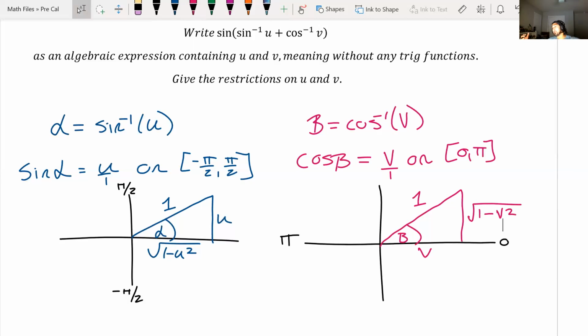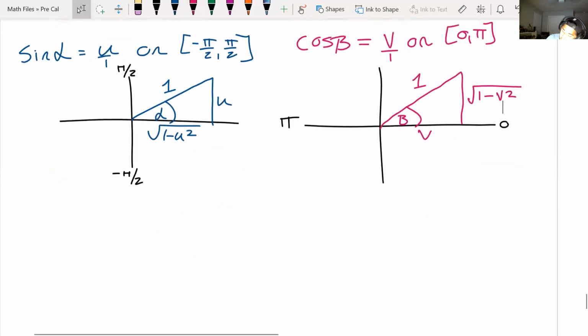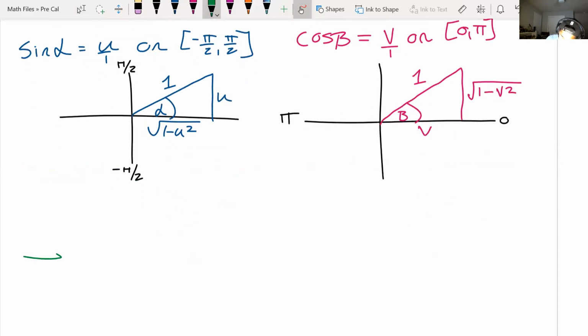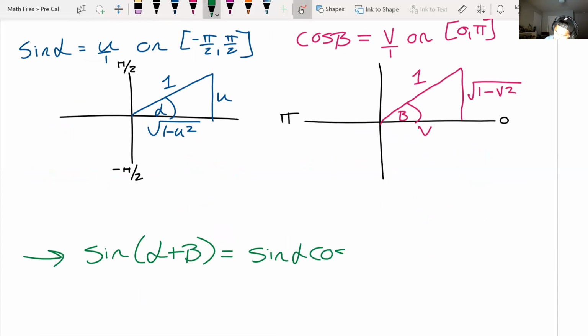Which means we're now ready to come back to our substitution, which is sine of alpha plus beta. And by the sum formula, sine alpha cosine beta plus cosine alpha sine beta. And what is the value of sine of alpha? u.